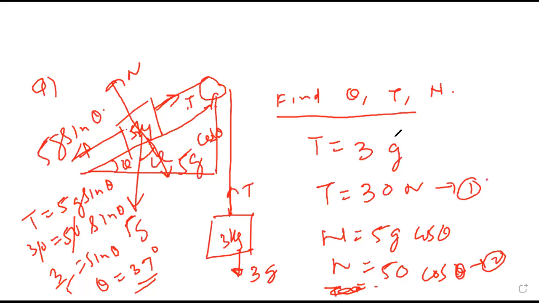So we got tension, we got theta. Last one, normal reaction is 50 into cos 37, 4 by 5. Normal reaction.